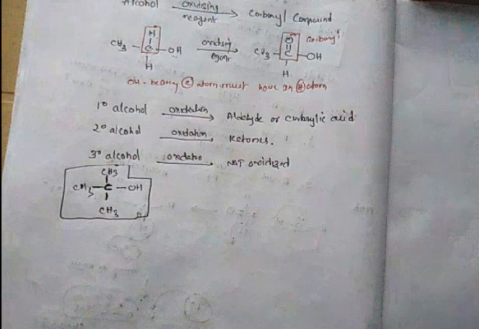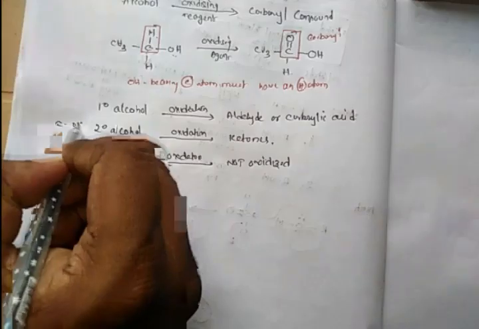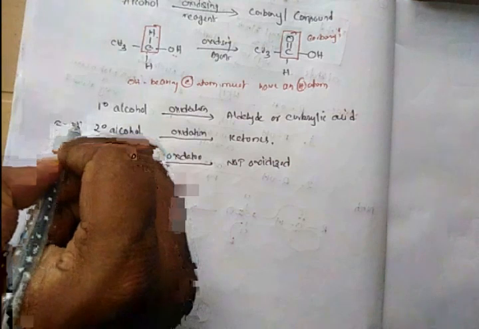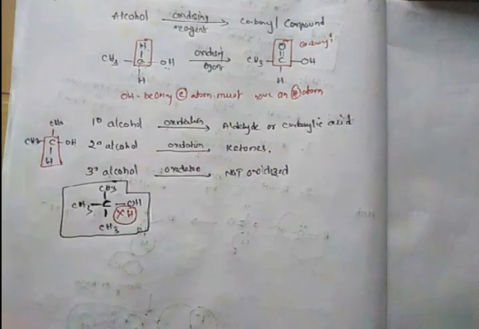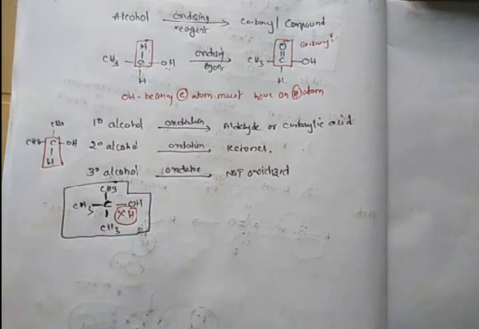So the secondary alcohol structure: C, OH, hydrogen, CH3. This secondary alcohol has hydrogen. But tertiary alcohol has no hydrogen. And primary alcohol, already discussed, has two hydrogens. So tertiary alcohols on oxidation don't produce any products.